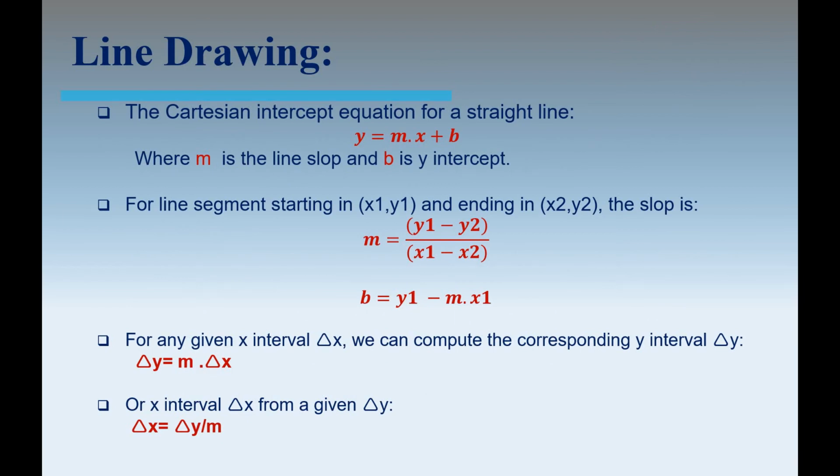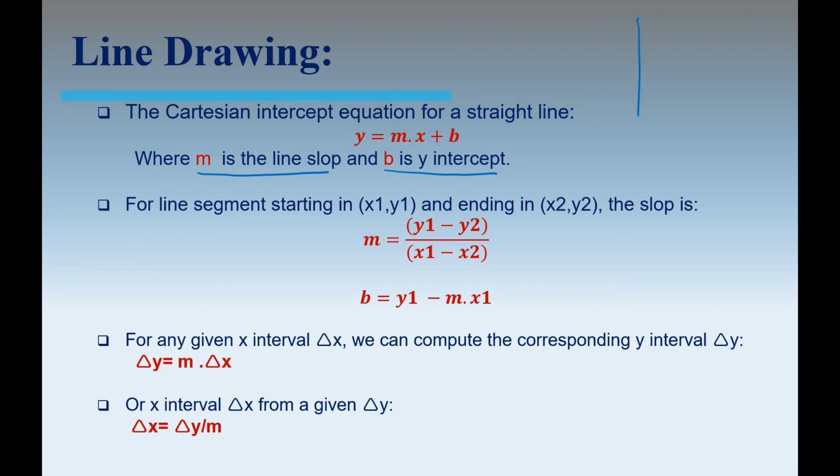Now this is the most important formula. The Cartesian slope-intercept equation for a straight line is y equals mx plus b. This you have to remember, where m is the slope and b is the y-intercept. m represents the slope of a line and b represents the point where it crosses the y-axis.